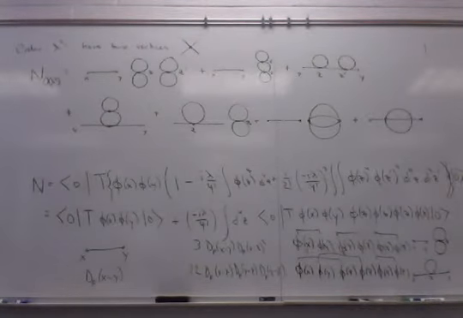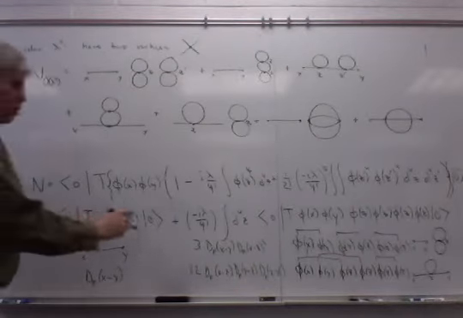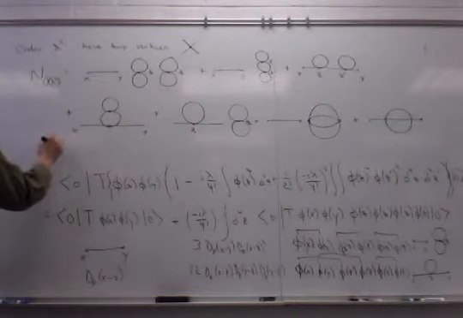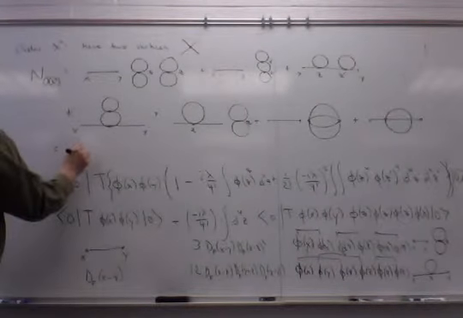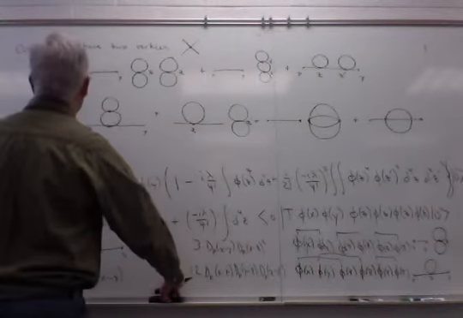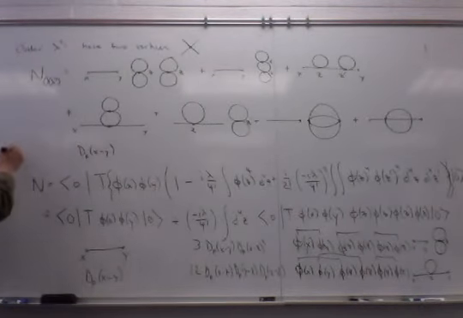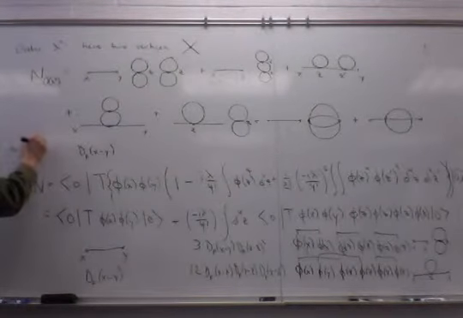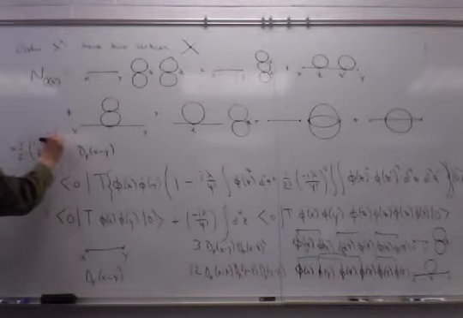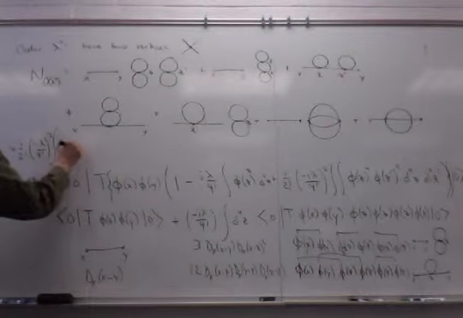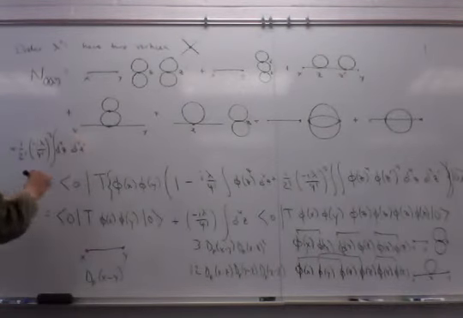Now, each of these is associated with a product of Feynman propagators. So, for example, the first guy would be D_F of x minus y. Now we have to put in all the factors of lambda and i and integrals over z and z prime.